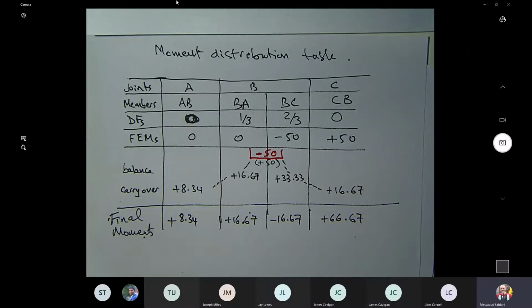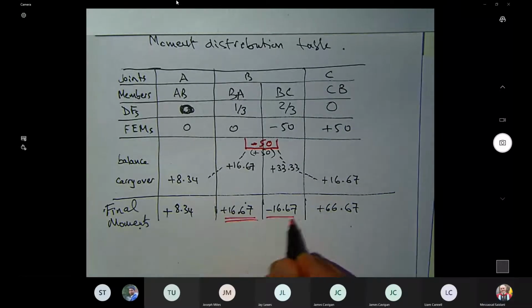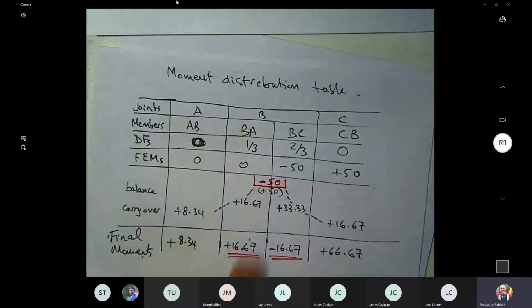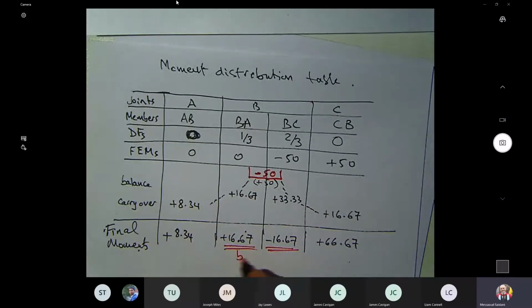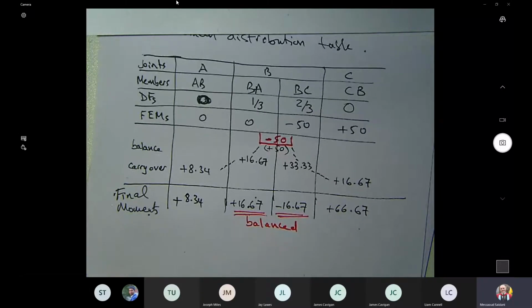So what do you notice here? The joint B now is balanced. So we have equilibrium. So we have achieved the objective. Joint B now is balanced, and therefore these are the final bending moments.